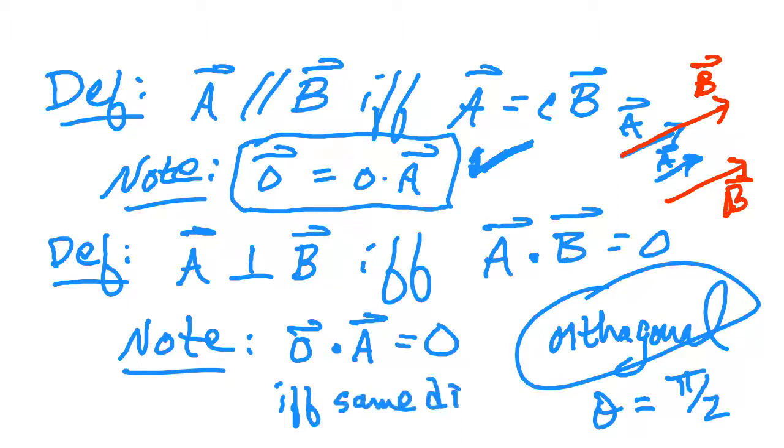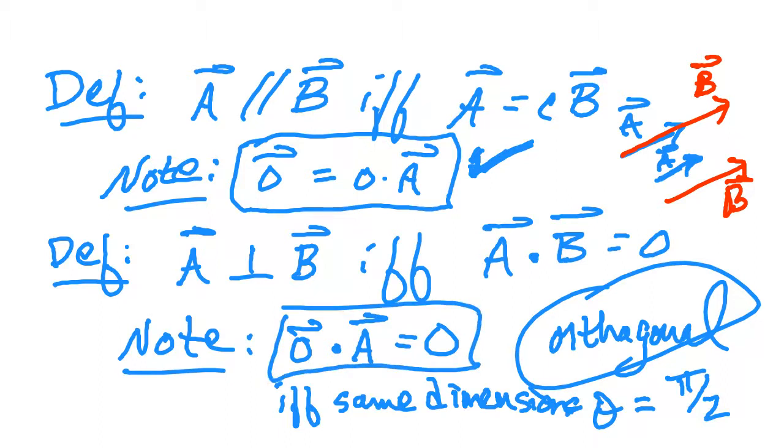If they do, then the zero vector is going to be orthogonal, or perpendicular, to any vector in the same space, because it always has a dot product of 0. I said that wrong yesterday. That is wrong in your notes, because your notes say the zero vector is not perpendicular to any vector, but that's not true. It's actually perpendicular to any vector in the same dimension.